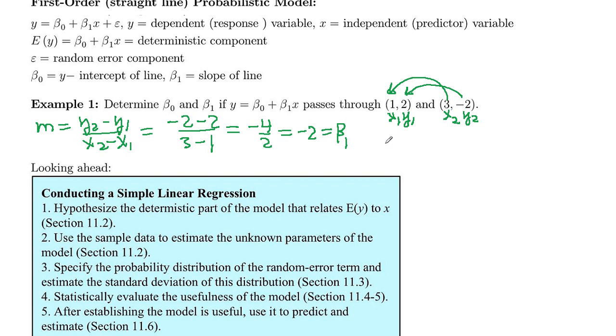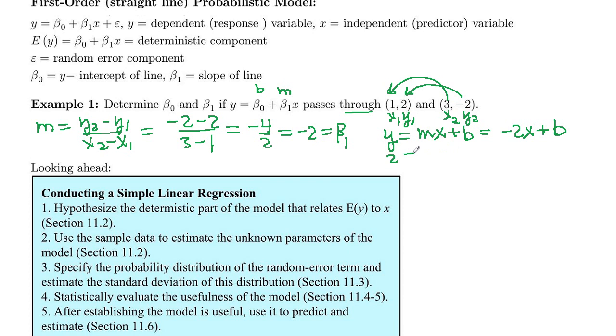And then we can plug into the slope-intercept equation for the line. So y equals mx plus b. If we're using our familiar algebra variables here, our slope is negative 2, so this is negative 2x plus b, where b is our beta 0. That's b, and that is m. And then we know that both of these points are on that line because the line passes through those points. So just plug in the x and y coordinates of one of the 2 points. So why don't we use 1, 2?